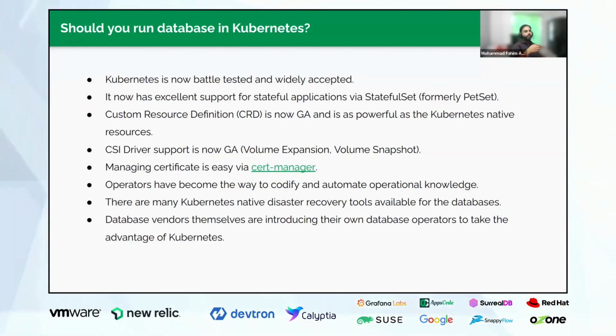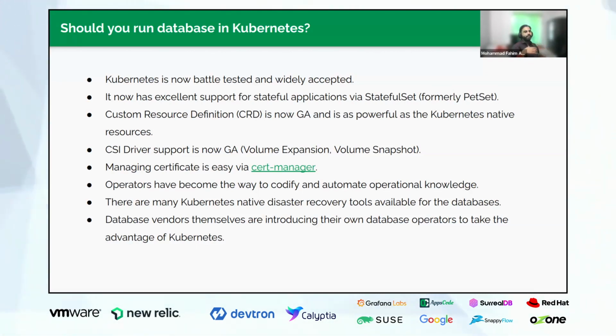For example, if you want to update the version of your database, you need to update the images of each of the pods. You can have 10 or 20 pods for your database if you are using a sharded version. If you try to do it manually, it's a very hard process, because you have to know which one is the primary of your cluster and which one is the secondary.